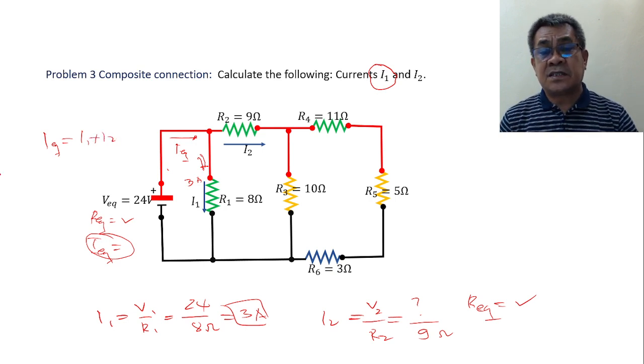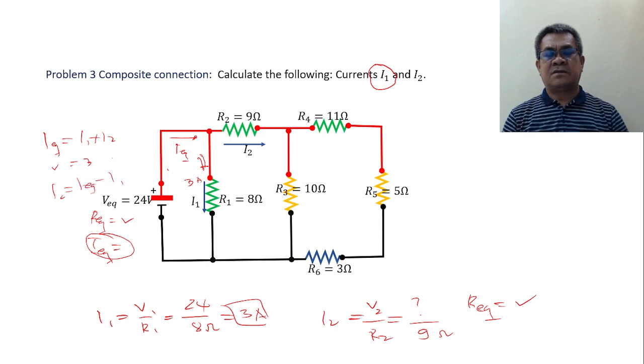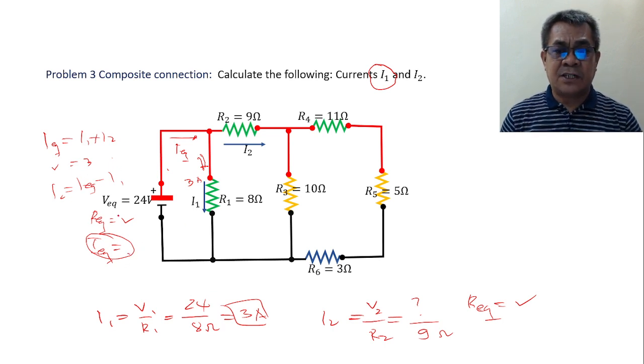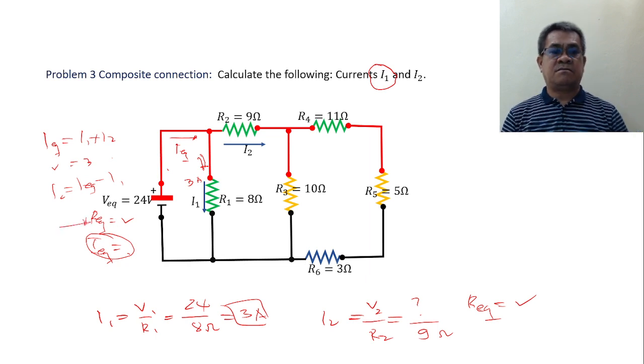So this is already 3 amps. If you know this one, then you can solve for I2, meaning I2 is equal to I equivalent minus I1. So the strategy is, again, to solve for I equivalent, and I equivalent can be solved using Ohm's law if you have R equivalent.